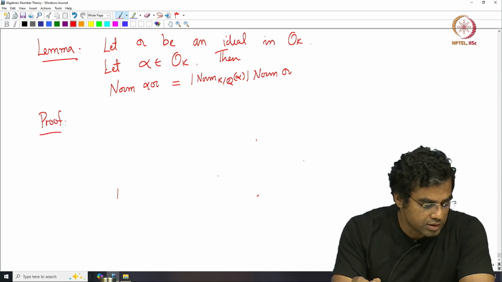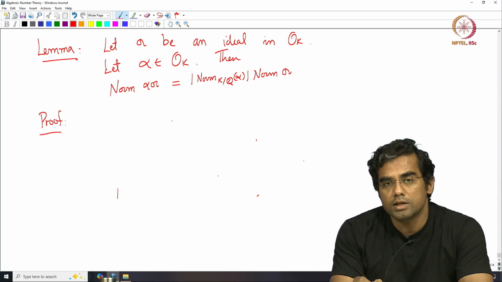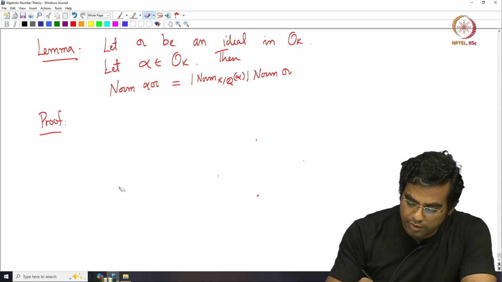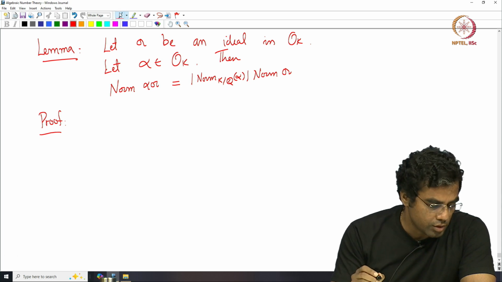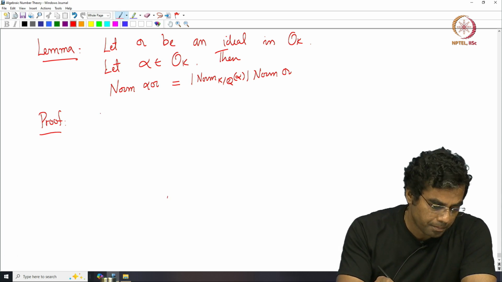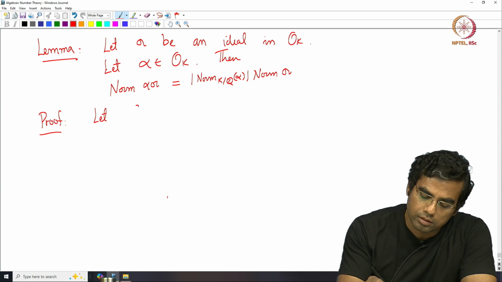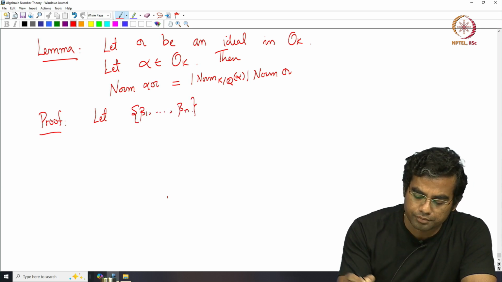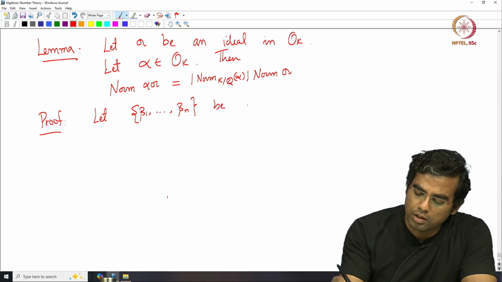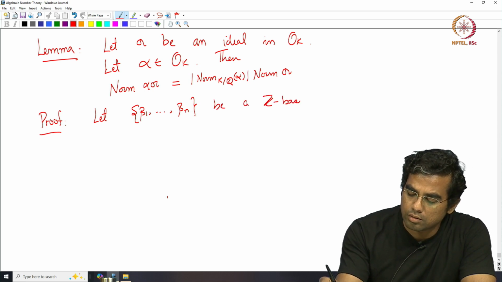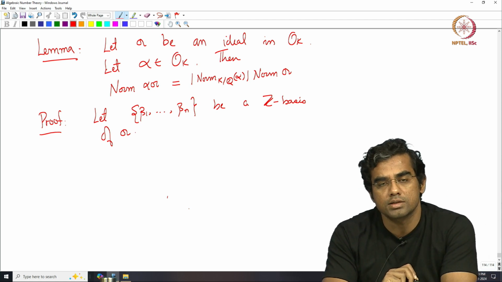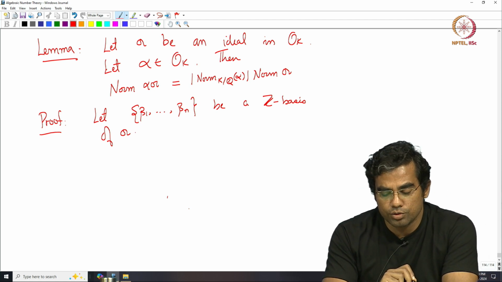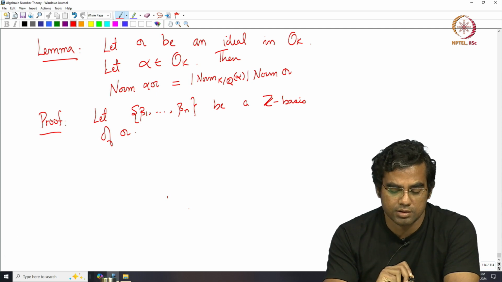This is just a bit of linear algebra over Z, and some of this we have already done before. So, I am going to be a bit brief here. Let beta 1 up to beta n be a Z basis of A. We said that A is a lattice of rank n, and so it has a Z basis, and this is our basis.